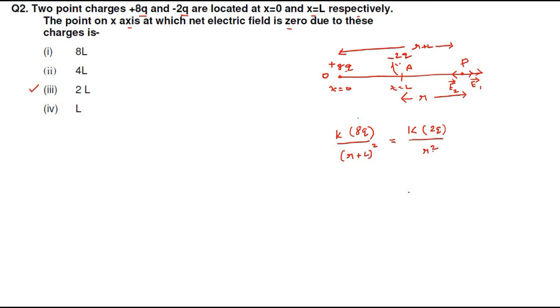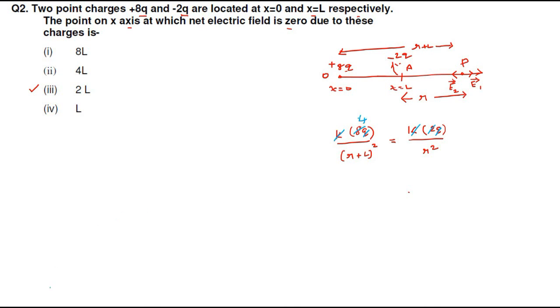After that, only the cancellations are there. We can cancel out the common things. K will go, this q will go. Then 8 by R plus L whole squared is equal to 2 by R squared. Of course there is a 2 here and an 8 here, so this is 4.